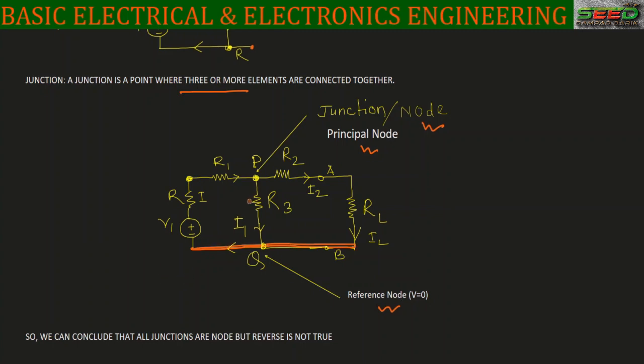A reference node is that part of a circuit where the negative terminal of the battery is connected. So here you can see the entire orange line is considered as a reference node. Its potential is to be considered as V equal to 0 volt.